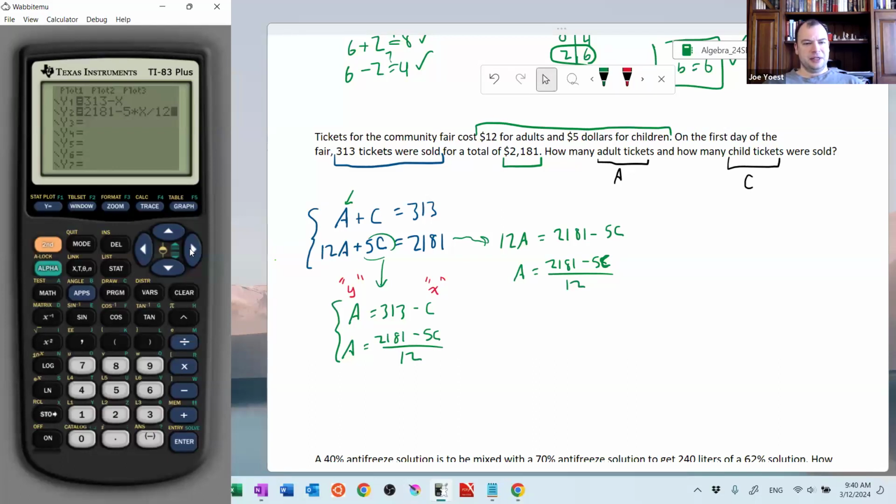But remember that the calculator respects order of operations. It does multiplication and division first, so it will do 5x over 12, get that result, and subtract from 2181. But that's not what I want. I want 2181 minus 5x all over 12. So I've got to do one of two things. One thing I could do is split up the fraction myself.